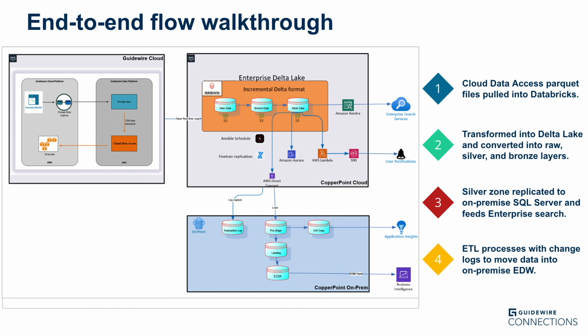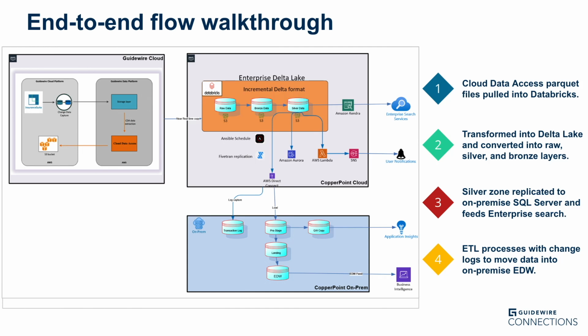Then we have another feature in Databricks called autoloader that essentially loads the Parquet files into memory in the form of tables. So we load all of that incremental data that is coming from our raw zone into the bronze zone, where we can actually visualize the data in the form of real tables.